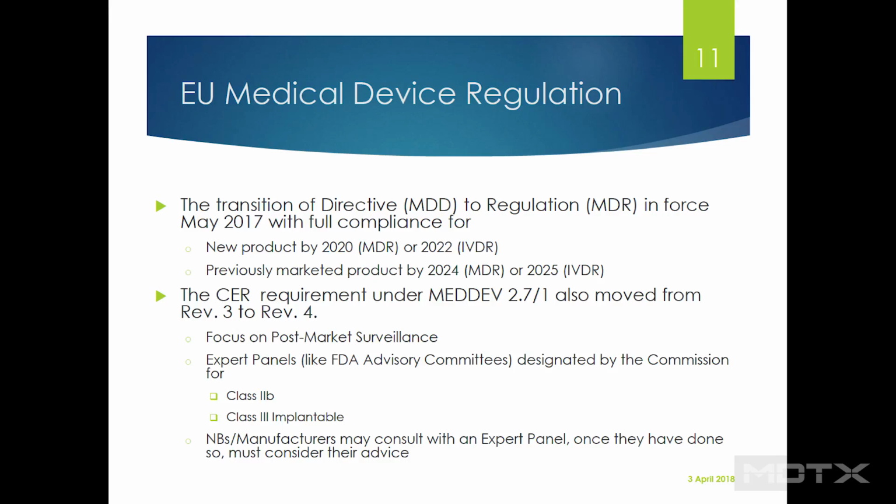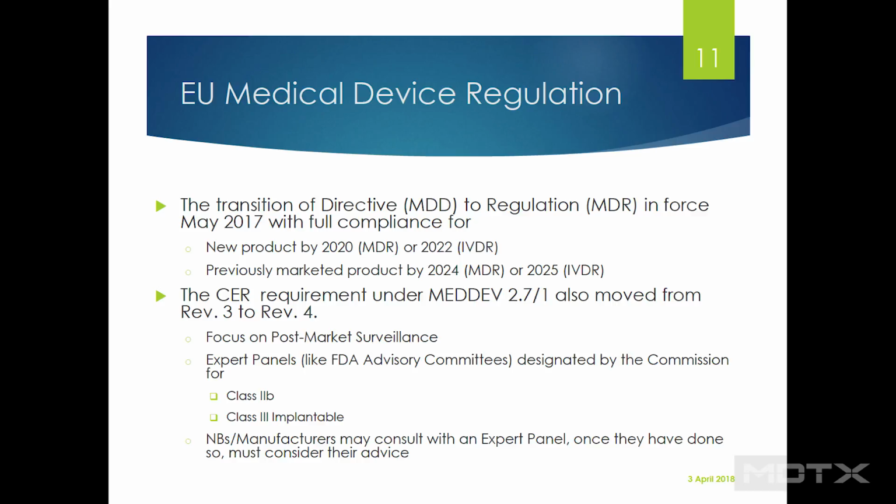So there's this expert panel, and it's kind of like an advisory committee with FDA, right? You're familiar with those. You have them for each category of product here in the U.S. It's required for Class 2B actives and Class 3 implantable devices.